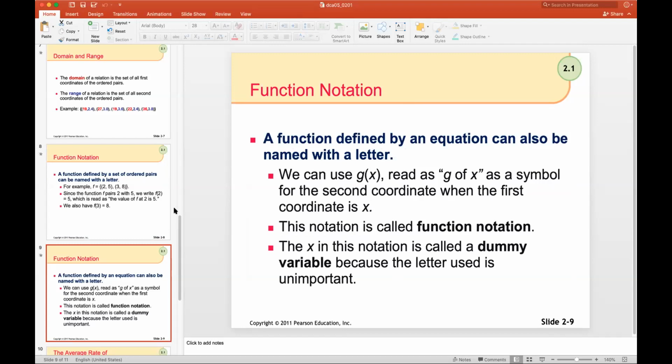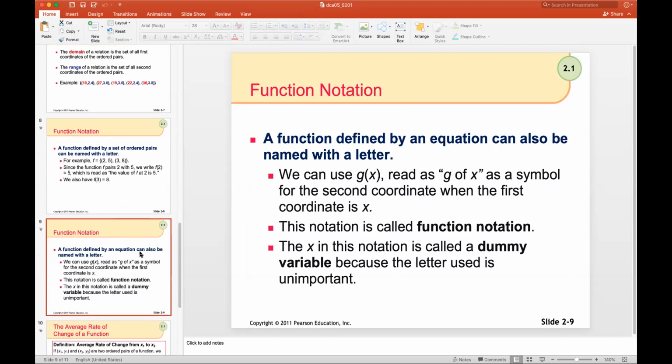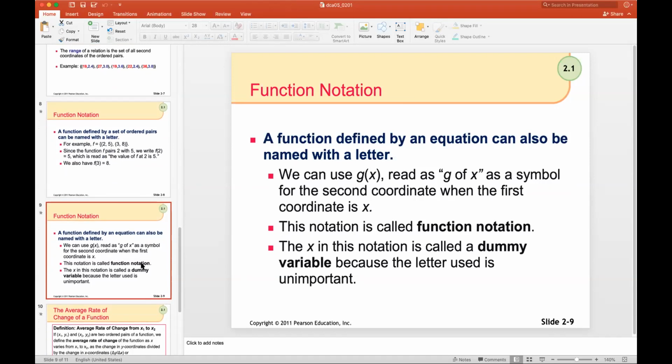Okay, give me a second. Let's see an example, by the way.